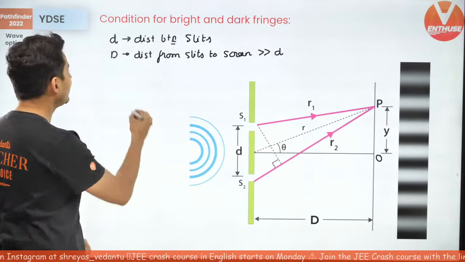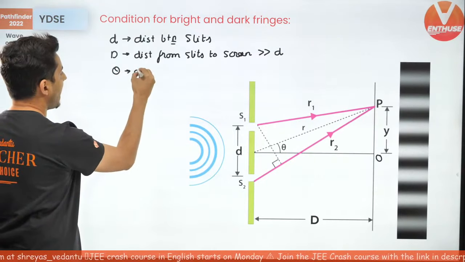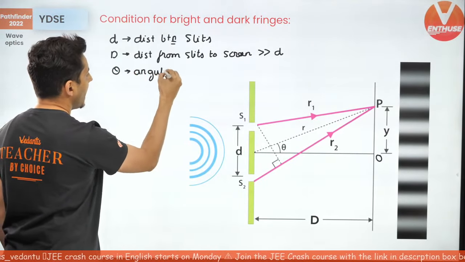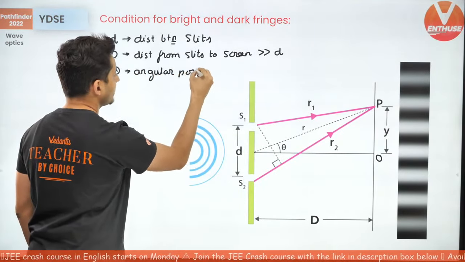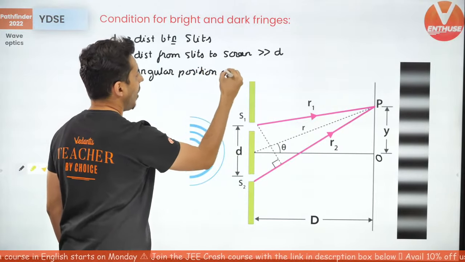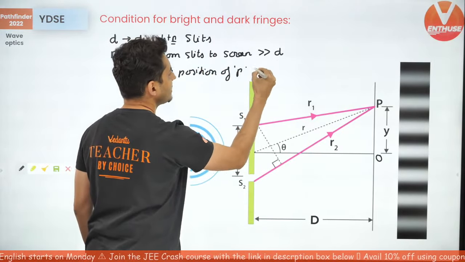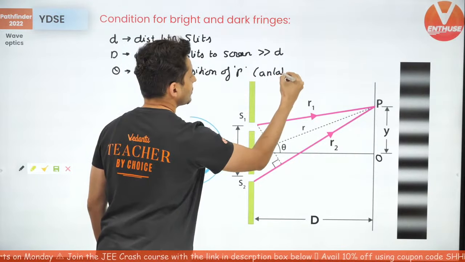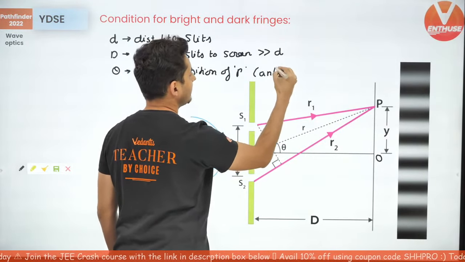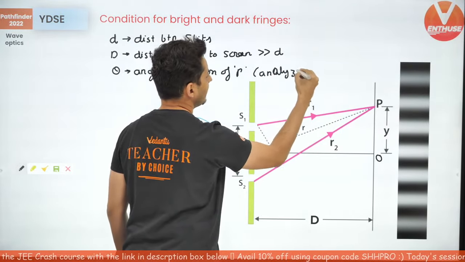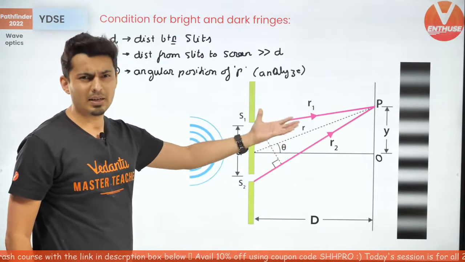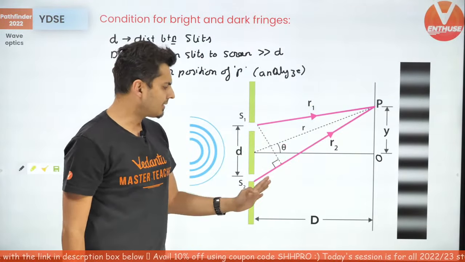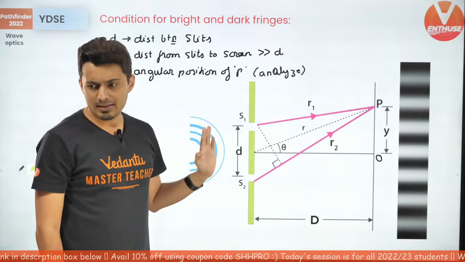So that angle theta is also called the angular position of point P which needs to be analyzed. So you're basically analyzing that particular point, which kind of interference is happening over there. Fair enough. This much is clear, I guess.